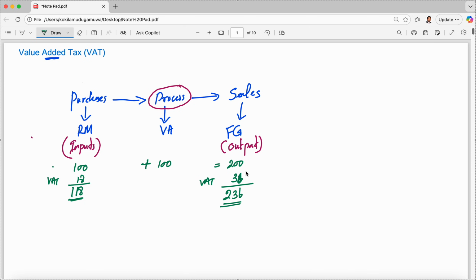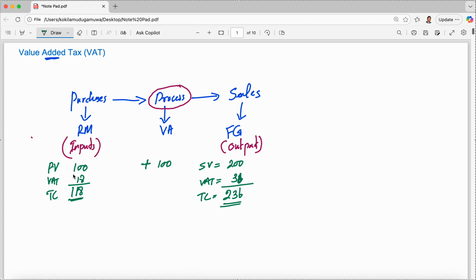Then there is double entry. If you want to really understand how double entry goes, then these two transactions: this is the purchase value, this is the sales value, the total consideration on sale.